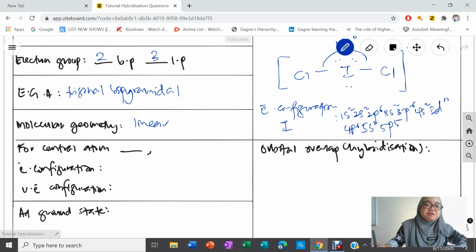So this is the electronic configuration for the I. Okay, it's too panjang here.